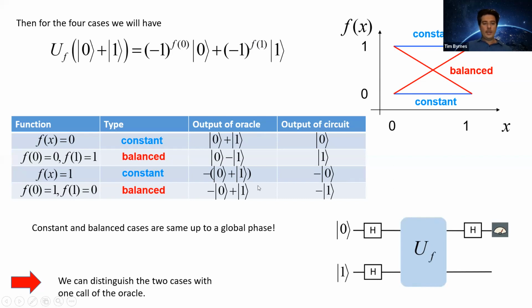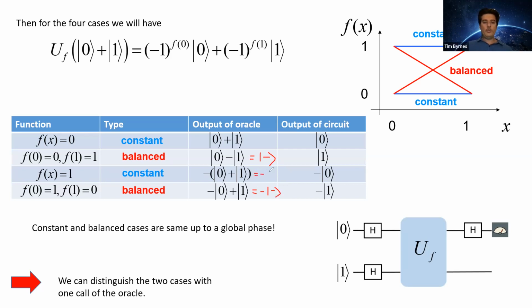Now, what you'll notice is that in the cases where it's balanced, either case gives a state which, up to a global phase, is equivalent to this minus state here. This one is also equivalent, it's minus of the minus state, but global phase doesn't matter in terms of measurements.